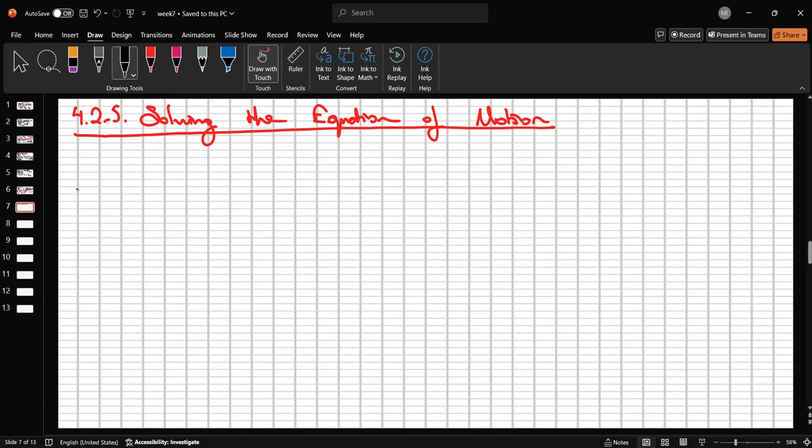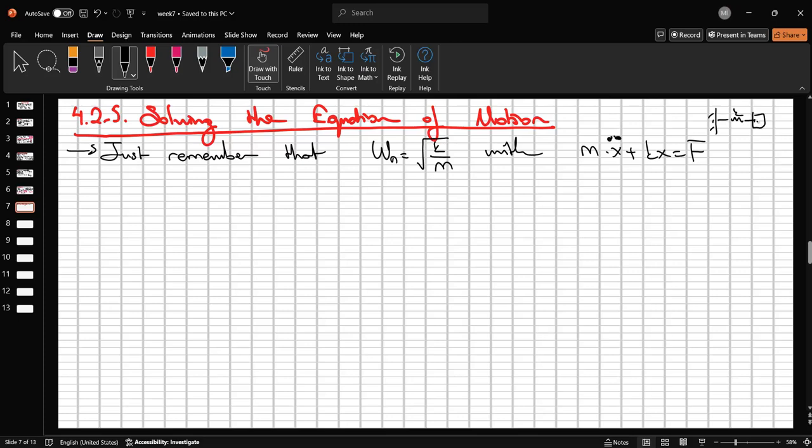Firstly, just remember that we have omega n values in here, k divided by m, okay, with m x double dot plus kx equal to the F, right? If we apply the F to any k and m value, we can write the formulation in here, see?